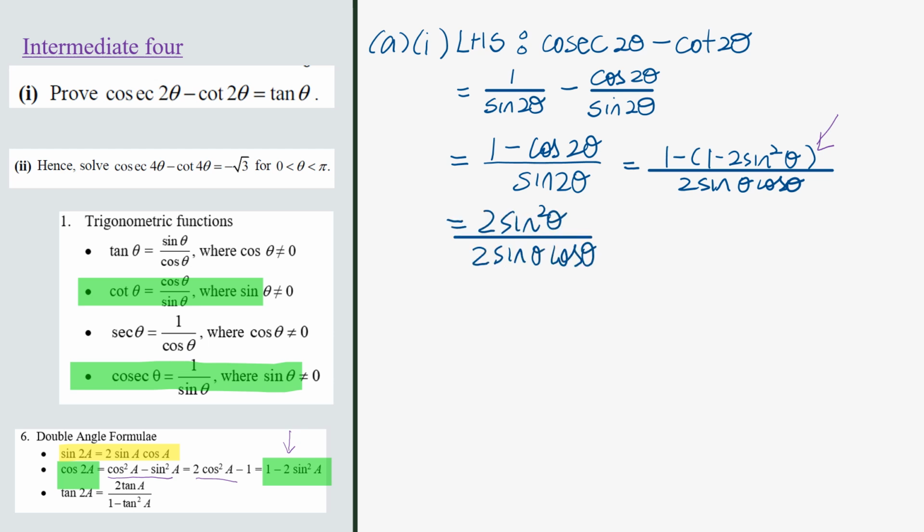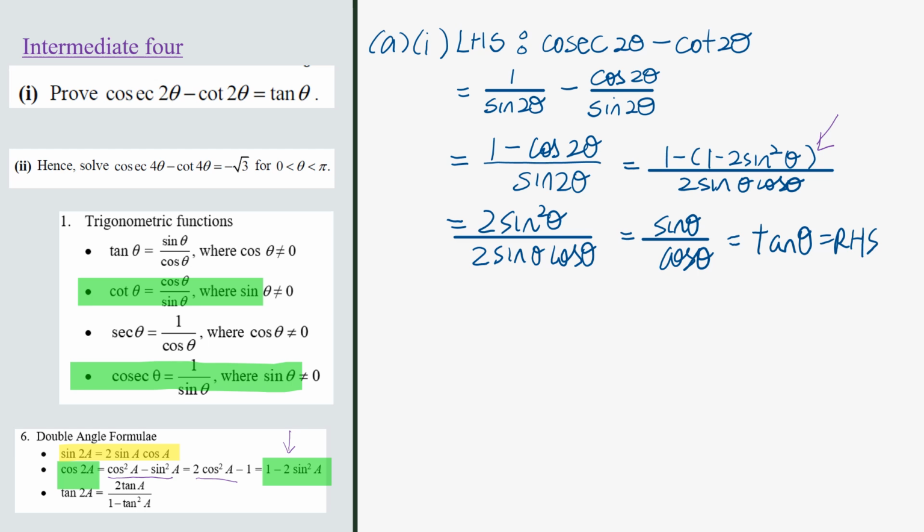That is the reason why, when we solve any problem, we want to simplify things. We don't want to complicate matters. From there you can simplify it further to become sine theta over cos theta, which equals tangent theta, which is what we are supposed to find at the right hand side.